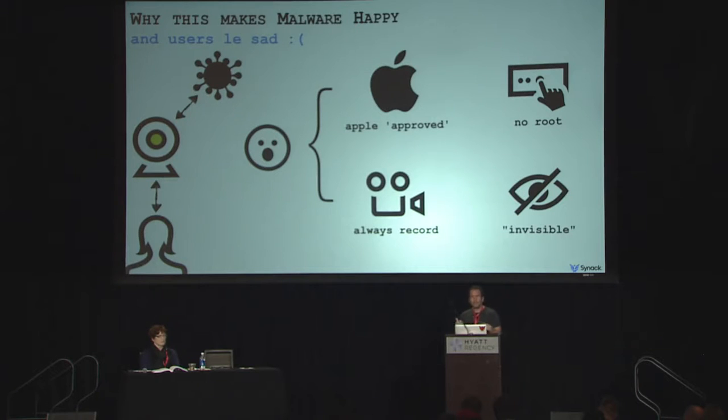The other thing is you don't need root to do this attack. Again, nice. So any malware that's running on the system, even if it's just running as a normal user, is able to enumerate the webcam, detect that a legitimate session has occurred, and then start recording off it. You can also always record, even if the user is simply broadcasting. Like, I never record myself when I use my webcam.